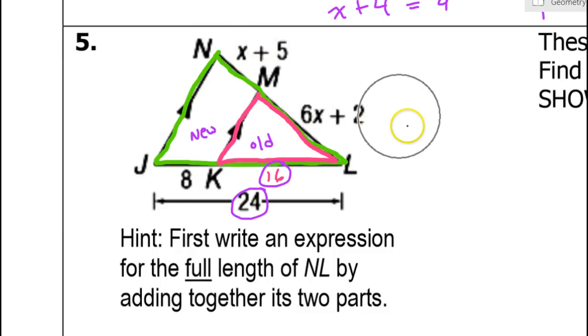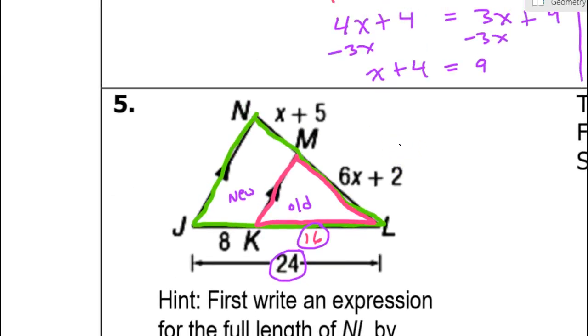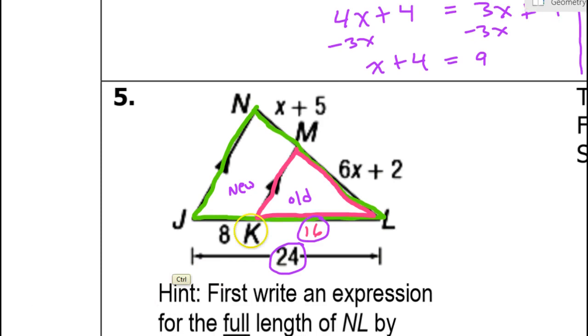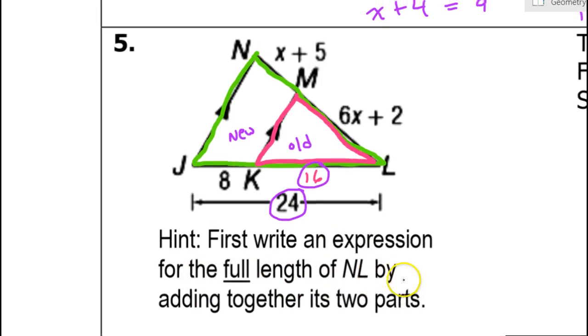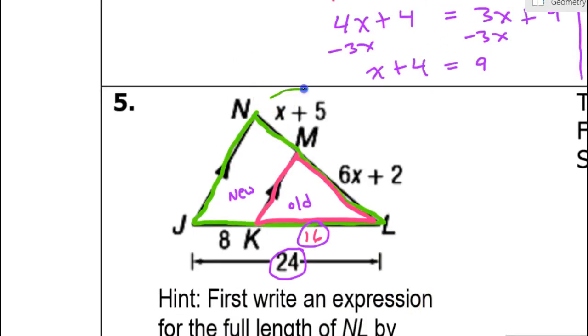Now, for these sides over here, this is going to be a little tricky. Let's use this hint that we first need to write an expression for the full length of NL. So here is the full length of side NL. We'd have to add these two together. Combining like terms, 6x plus x, that's 7x, and 5 plus 2, that is 7.